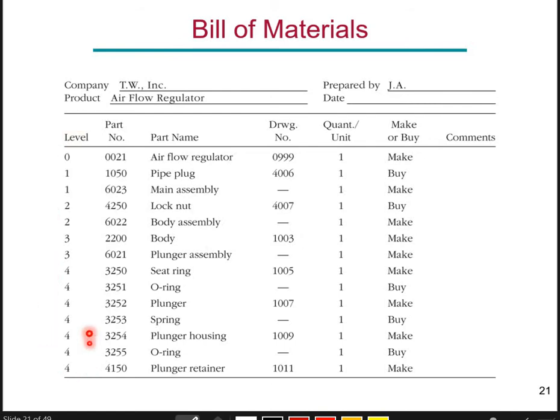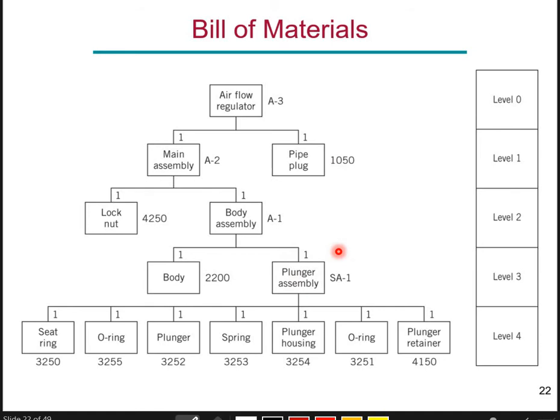But there's another piece of information here, as you can see, level 0, 1, 2, 3. What do these levels mean? Actually, the level is even clearer at this step. The final product is the airflow regulator. And we call this final product to appear in level 0. Okay? In order to produce this final airflow regulator, in the last stage of production, we are assembling the pipe plug to the main assembly.